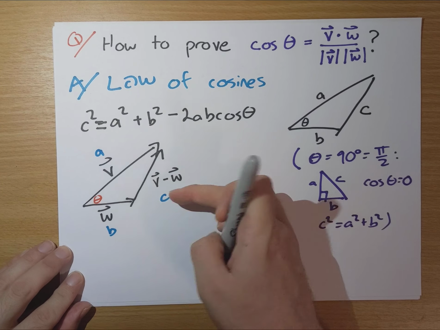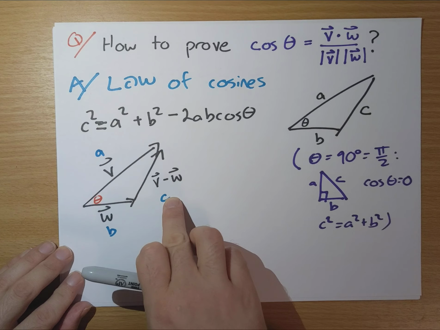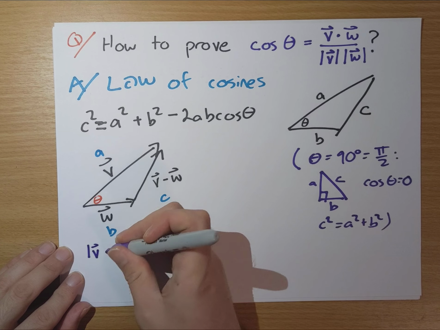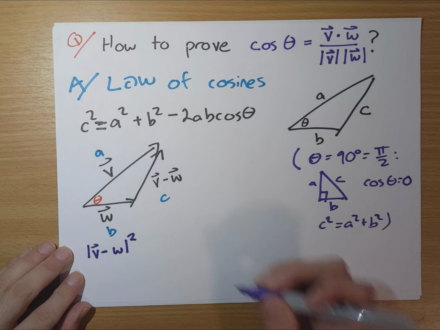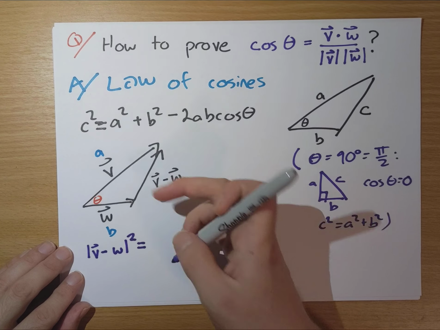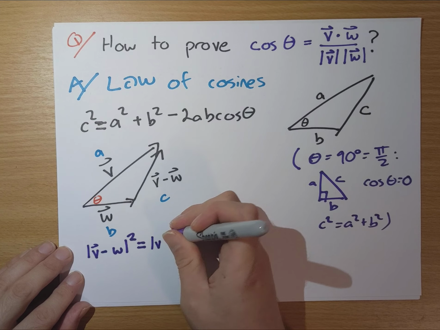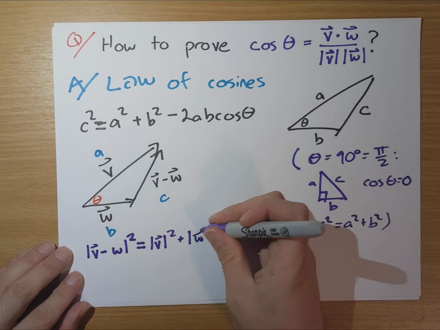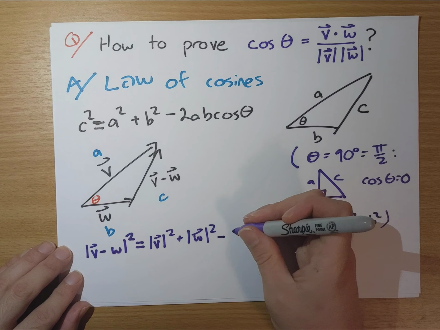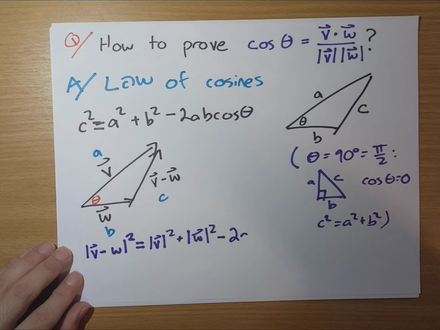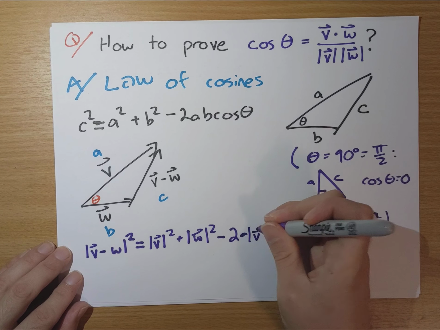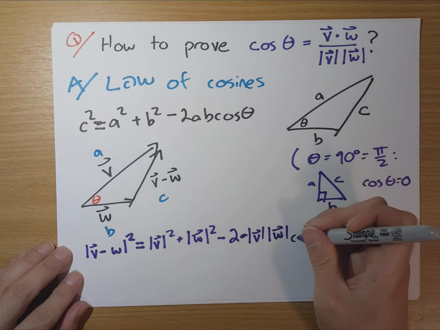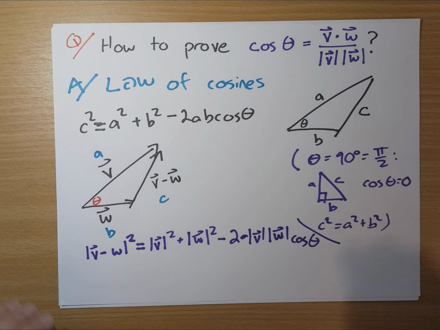The magnitude of v minus w squared is equal to a squared, the magnitude of v squared, plus b squared, the magnitude of w squared, minus 2ab, where a is the magnitude of v and b is the magnitude of w, times cosine theta.